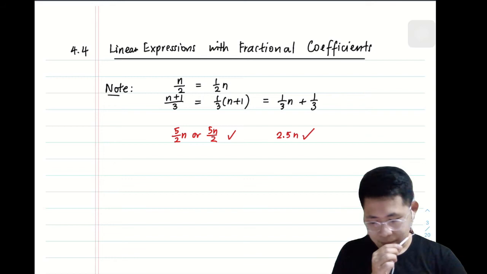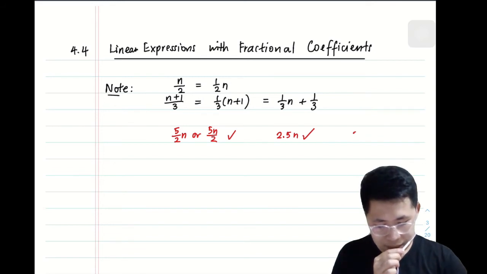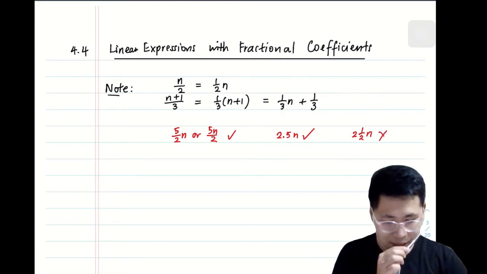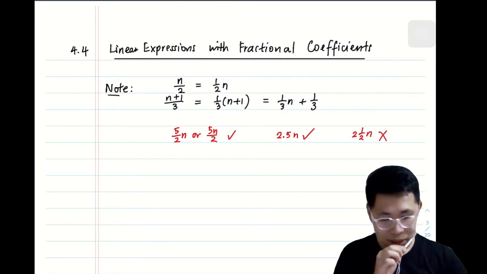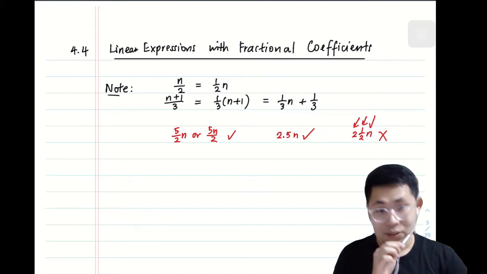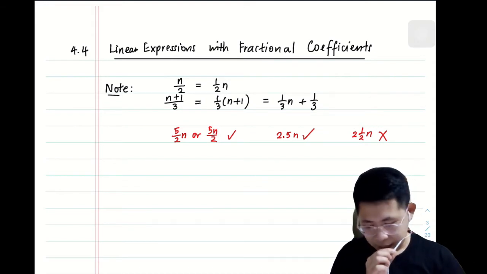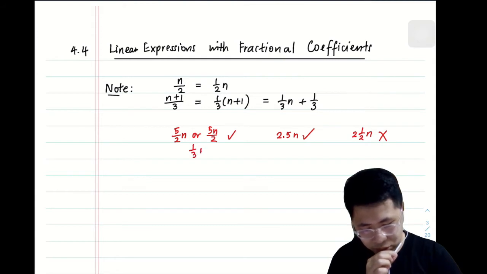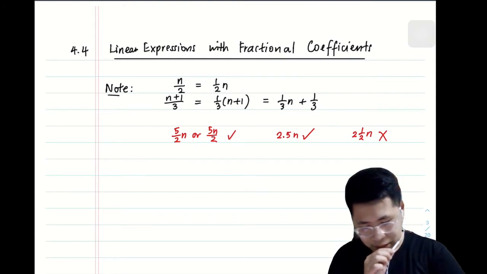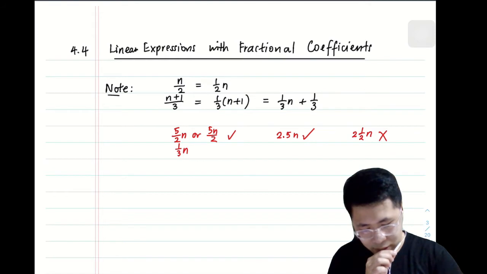Yes, it's correct. However, if you were to write it as a mixed number, 2 1/2 n, this cannot, because we may confuse it with 2 times half times n. Another example would be 1 over 3n, or we can write this as n over 3.